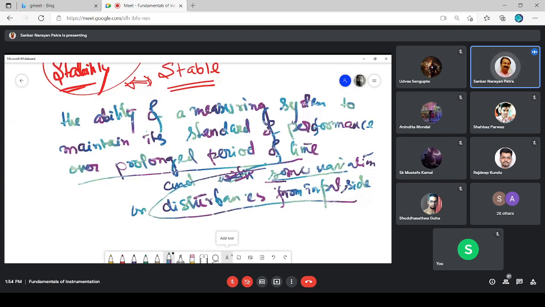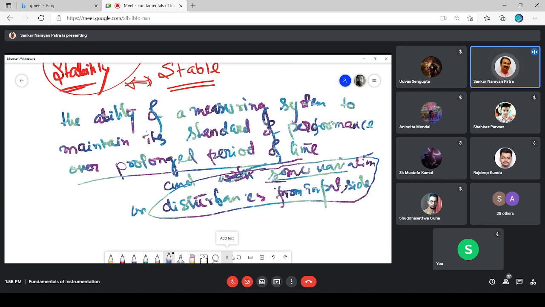This means what? If I change the inputs but the output does not change, it has stability. Not only that, it will be stable with respect to time. Not only stable at that particular time, it is stable for a long period. It will achieve long time stability.